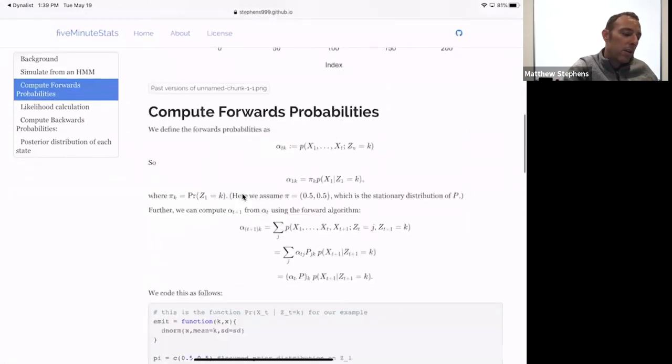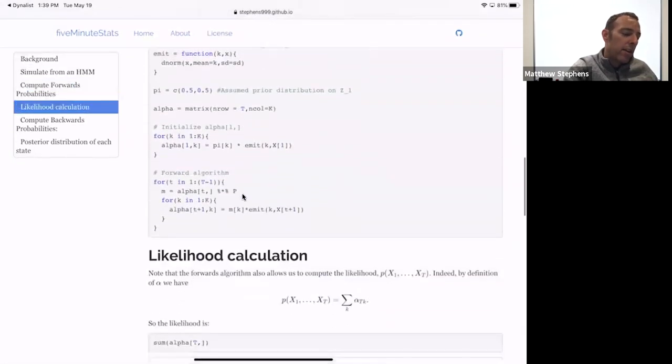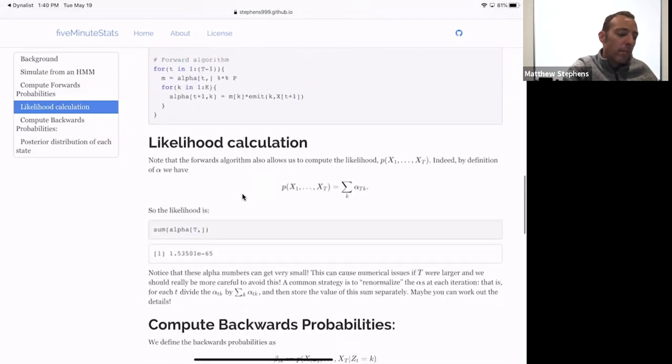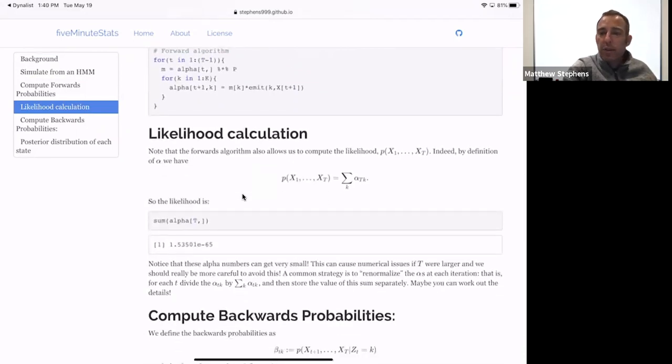So there's a little bit of trickiness to essentially storing the log of the sum of the alphas, and at each step just updating that. Okay.